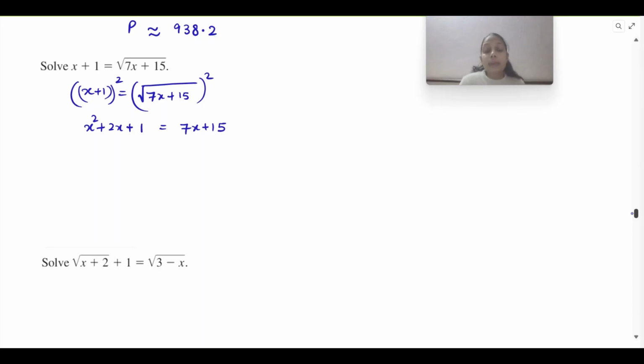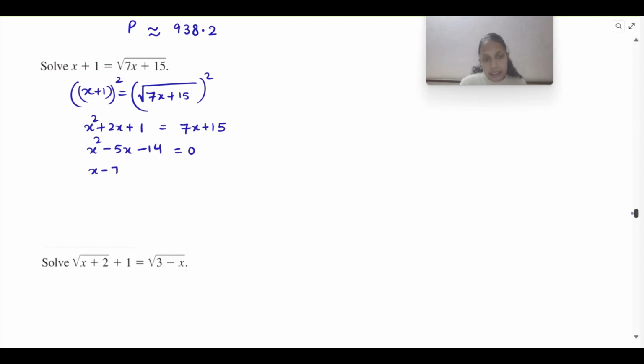Now you can subtract 7x from both sides: 2x minus 7x, minus 5x. Subtract 15 from both sides, it's minus 14. You got this. So once you get this, let's find the factors. 7 times 2 is 14, 7 minus 2 is 5. But the 5 is negative, so minus 7 plus 2.